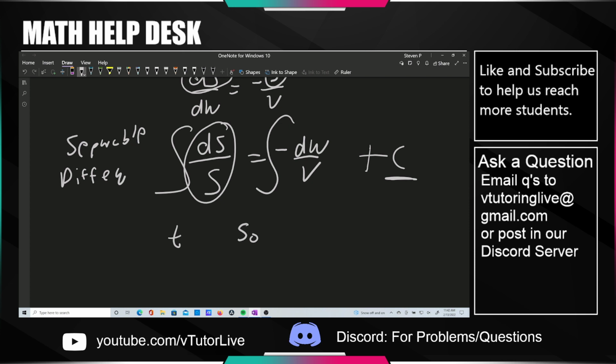When t is equal to 0, S is equal to S naught. So S of t equals 0 is equal to S naught. And this should help you figure out what exactly C is going to be. Yeah, I think that's probably all I should say about that one.